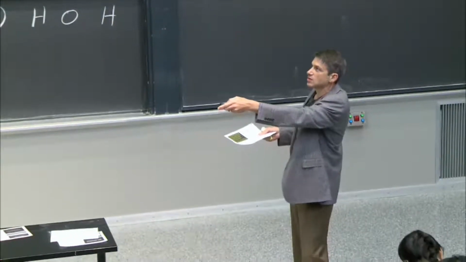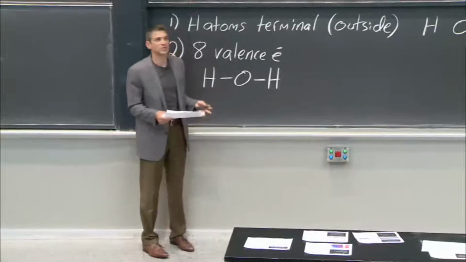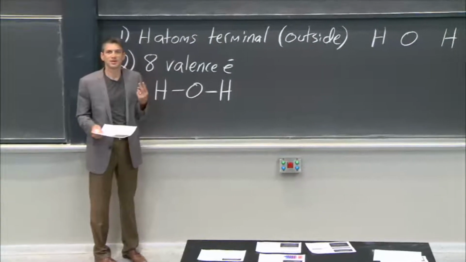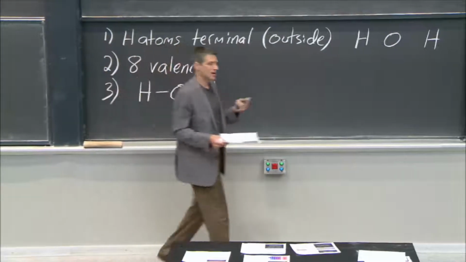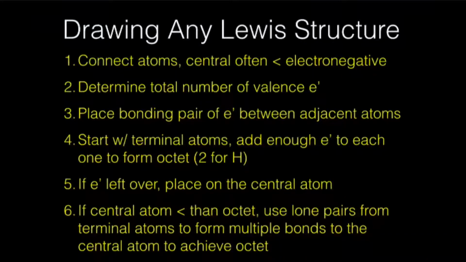Now, step 4: starting with terminal atoms, add enough electrons to each one to form an octet. But hydrogen is special, because hydrogen's octet is just 2. Hydrogen doesn't want 8, hydrogen just wants 2. We called it out here in the recipe, 2 for hydrogen.